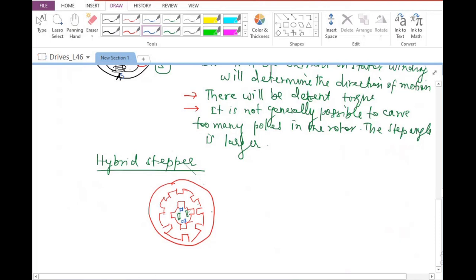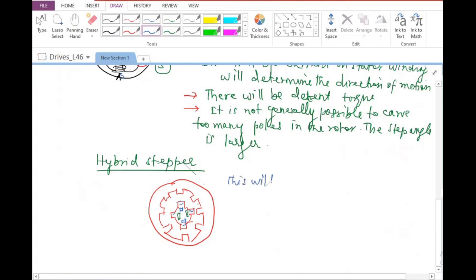So this allows us to have more teeth carved along the core of the rotor, but small magnets can be buried inside.